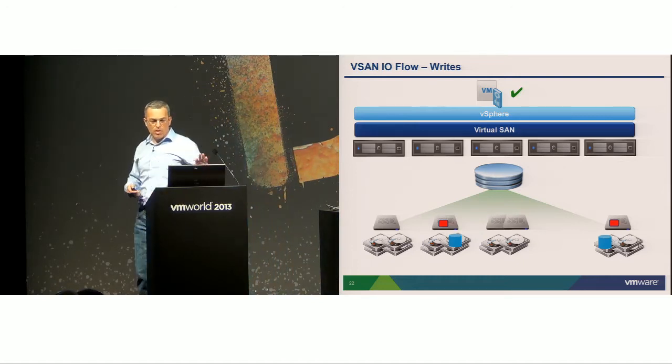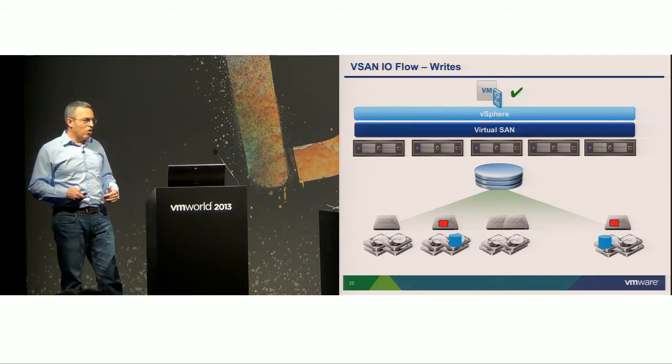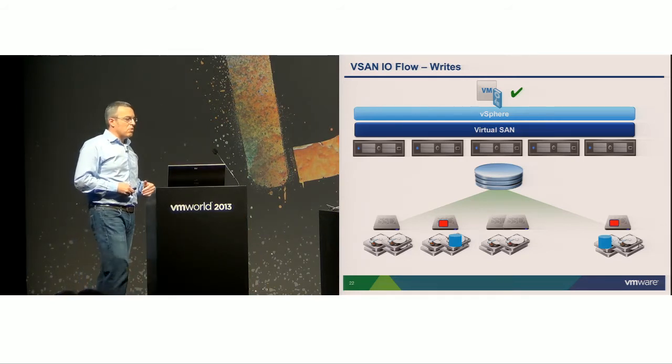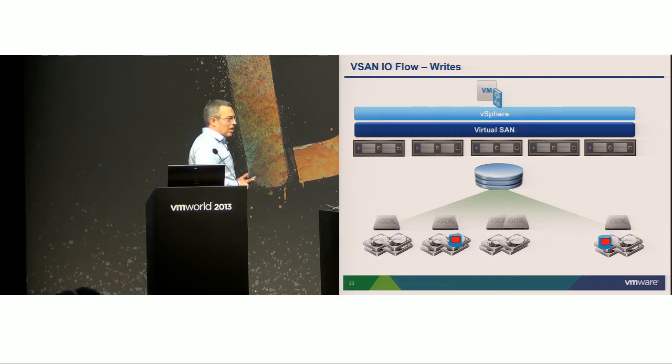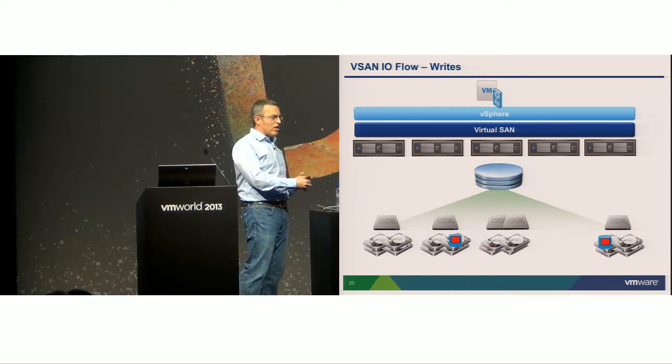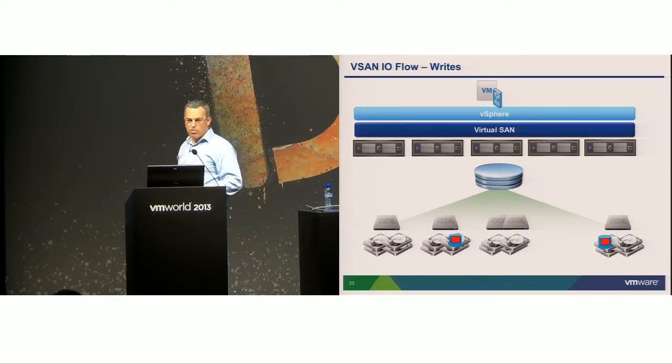So you see there the data is on the write buffer on the flash, and later on, vSAN will retire that data to the magnetic disk, where the actual long-term storage of the virtual disk is.